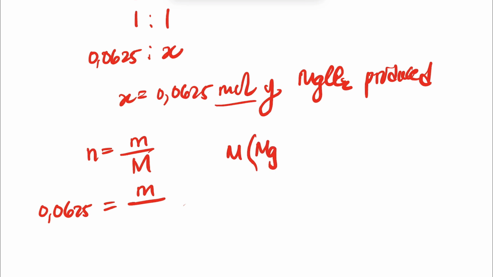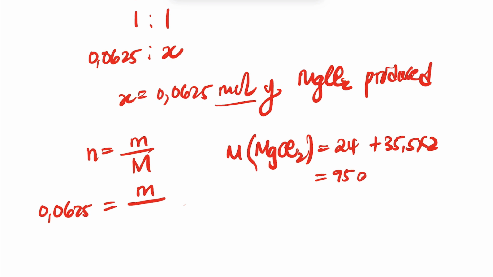Magnesium chloride is what? Is 24 plus 35.5 times 2, the molar mass of chloride, and times by 2. So if you punch that in the calculator, your answer there will be 95 gram per mole.